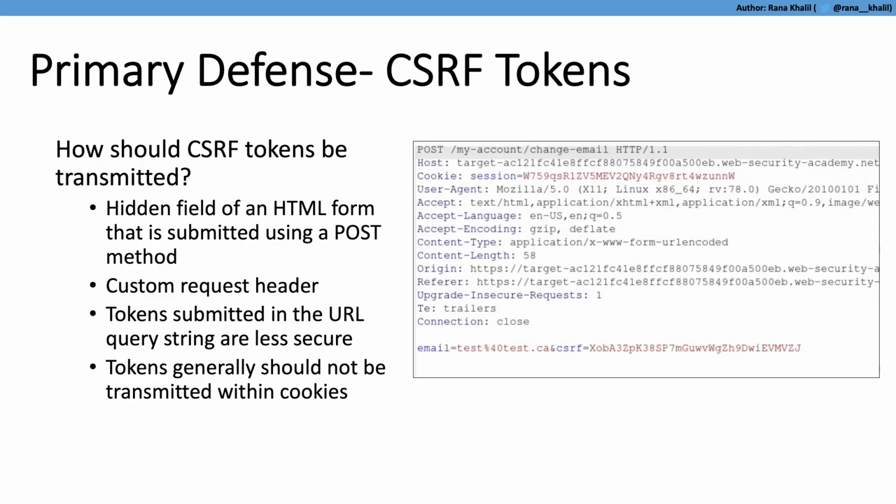The second one is when tokens are transmitted as cookies. So you should never submit CSRF tokens as cookies because just like we saw in the previous slides, cookies by default are being submitted by the browser when the user clicks on a link. And so if you add it as a cookie, the attacker no longer needs to know the CSRF token up front because when the user clicks on the link, the browser is going to go to the cookie jar and say, hey, do you have any cookies for this domain?